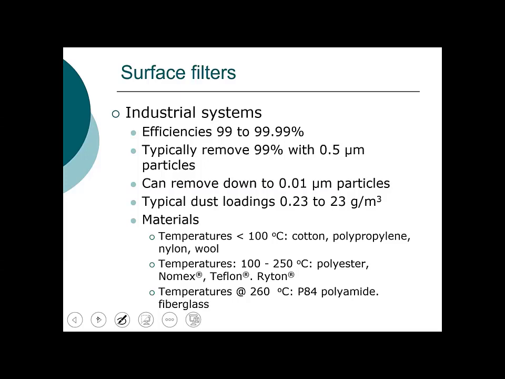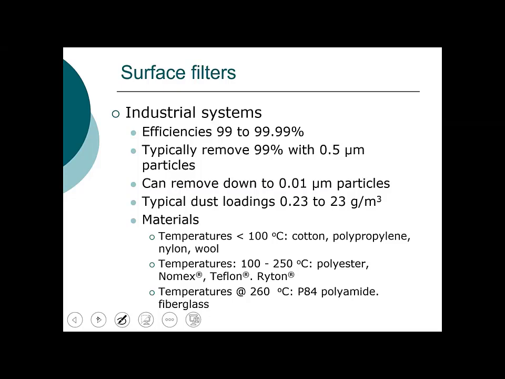And if you remember, we said that gravity settling and centrifugal settling were not effective at removing particles that size. We can use electrostatic precipitators, or we can use these filtration units, we'll talk about them later, as baghouse filters. And these can remove particles down to about 0.01 microns.